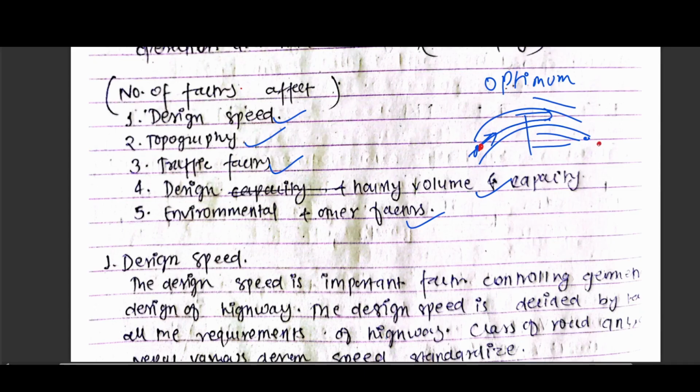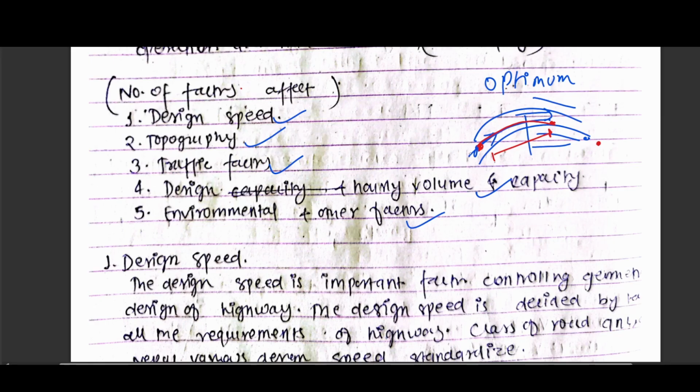And the driver won't see the obstruction right here, because this is a curve, so the driver will see the obstruction up to here maybe. So this is called the sight distance. Design speed also affects the sight distance, right? A vehicle moving at higher speed will need more clear distance, and it can act accordingly, so we can say that.